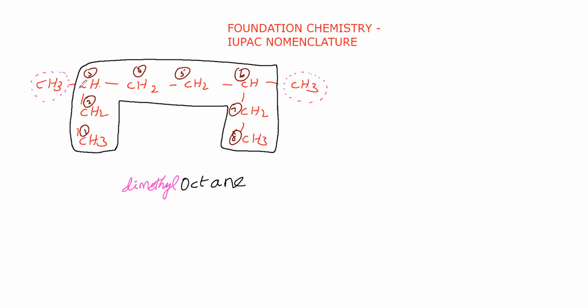Now this methyl group is attached to the 3rd carbon of the parent chain, so the position of this methyl group is 3. Then this methyl group is attached at the 6th carbon, therefore the position of this methyl group is 6. Therefore we can say 3,6 dimethyl octane. This compound name is 3,6 dimethyl octane we can say.